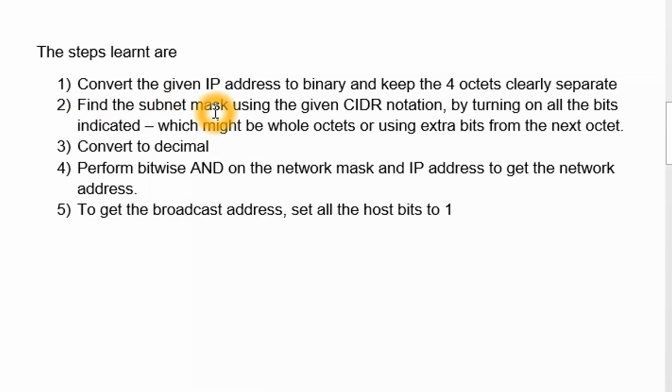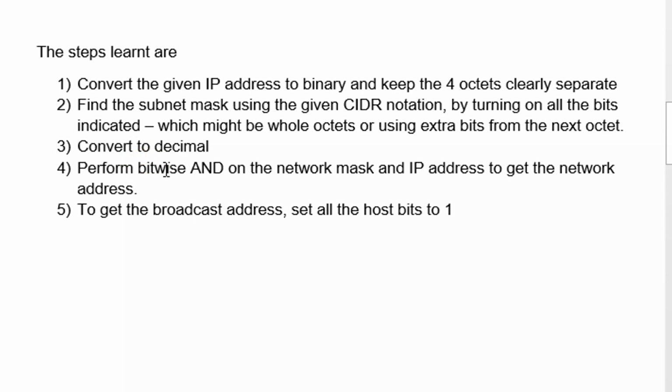Find the subnet mask using the given CIDR notation, like slash whatever number, it could be 26, 30, whatever is given. You use the number of bits that is required, and if you can multiply by 8, you can do that easily. Then you turn on all the bits needed for the network, use an extra bit from another octet when you need to, and then convert to decimal.